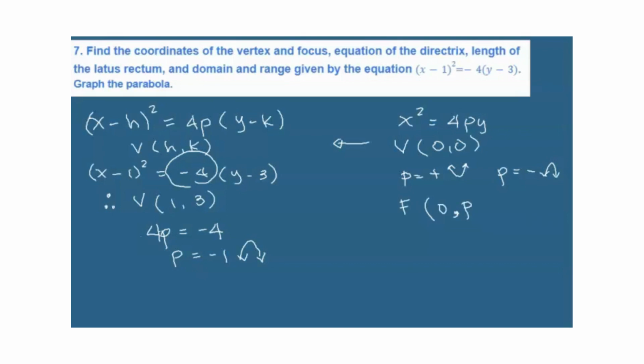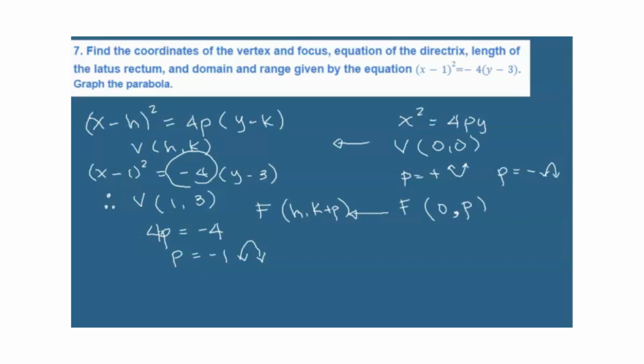Now going back to the parabola when the vertex is at origin, our focus is at point (0, p). Since our given equation of the parabola has a vertex of (1, 3), the focus here will also shift to (h, k + p).